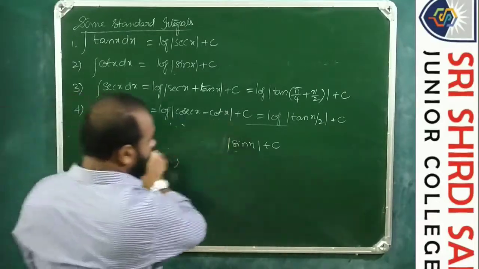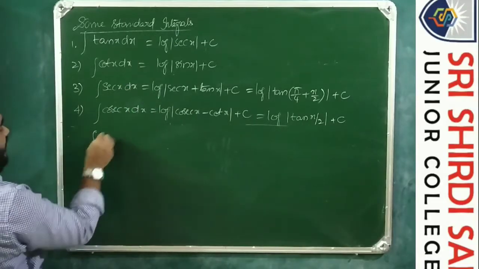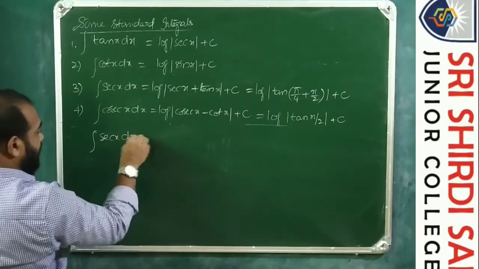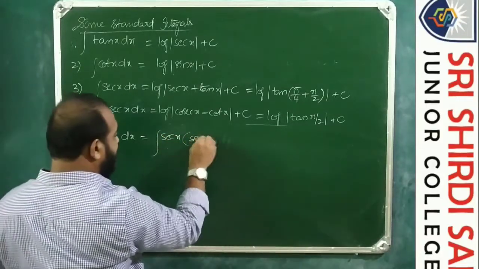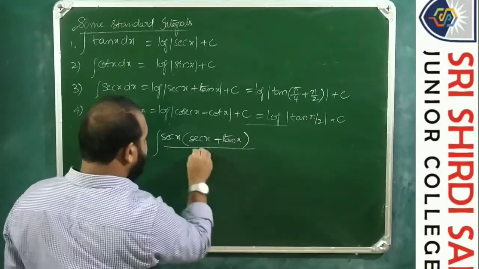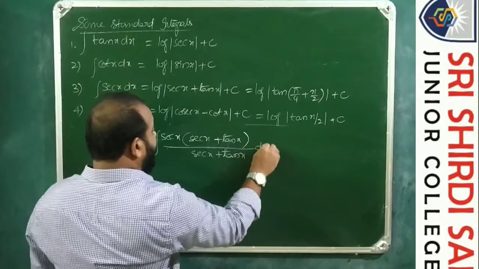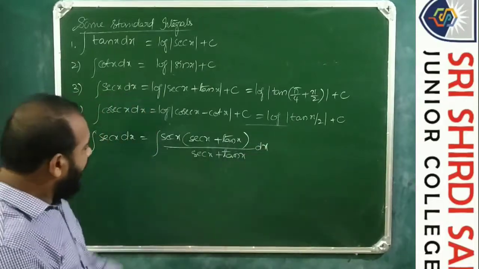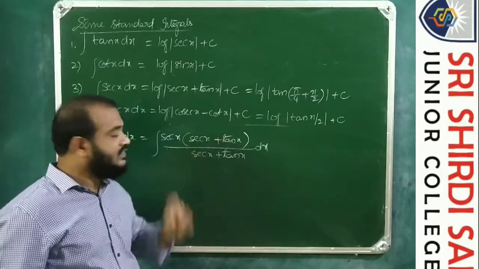Now, to evaluate integral secant x dx, multiply by secant x plus tan x by secant x plus tan x. Without loss of generality, I just multiplied and divided with secant x plus tan x.